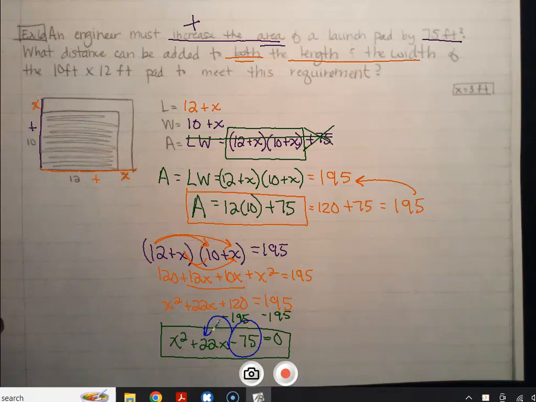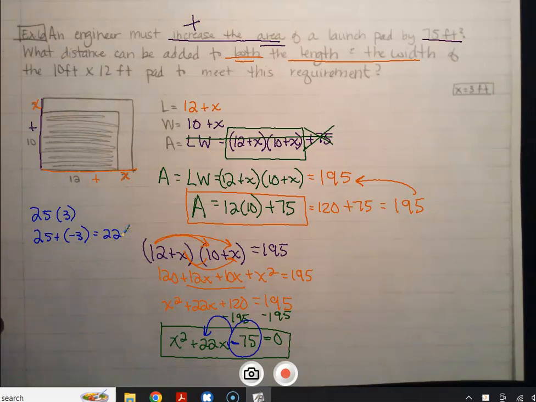Since it's 22, I'm going to go with, think of 25 times 3. I want it to be a positive 22, but I need a negative 75, so one of them has to be negative. So I'm going to do 25 and negative 3. If I multiply it, it would give me a negative 75. If I add it, it's going to give me a positive 22, which is what I'm looking for.